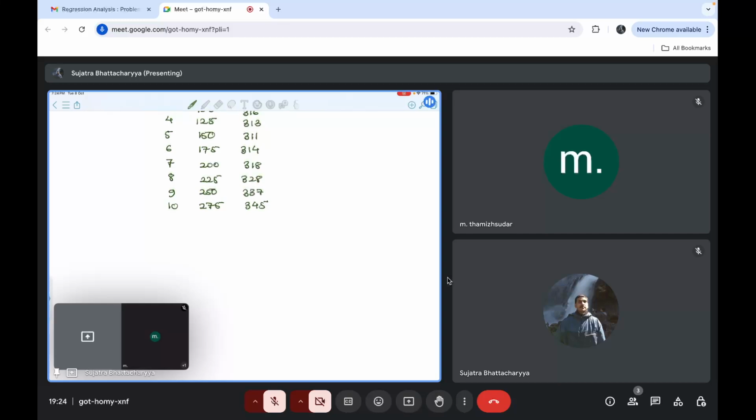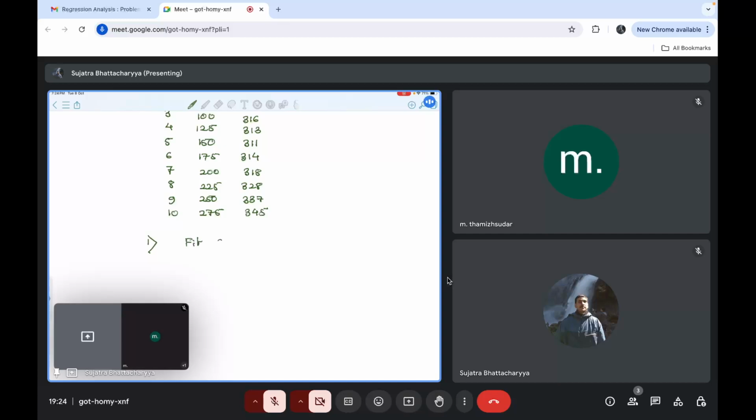The question is that you fit a second order model using orthogonal polynomials. It's clearly mentioned that you have to use the orthogonal polynomial model.